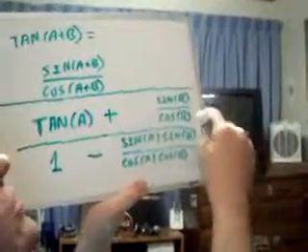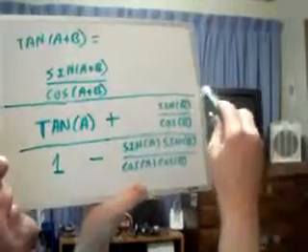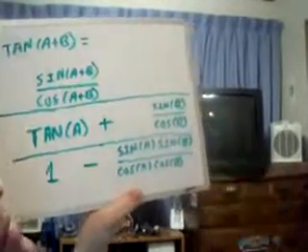Now, what are we going to do with this one? Well, what is the sine of B divided by the cosine of B? That's going to be the tangent of B. Hold it.